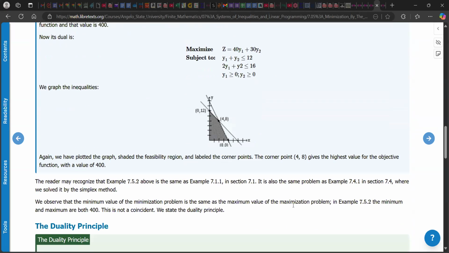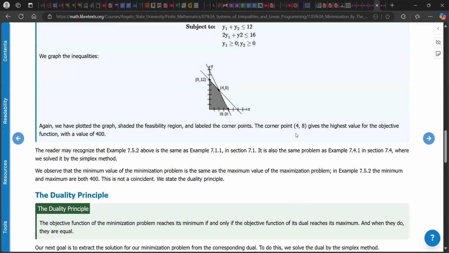Oh man, that's using that method. Yeah, 4 and 8. Look here. It reaches its maximum at 4 and 8, and 400 is the maximum.